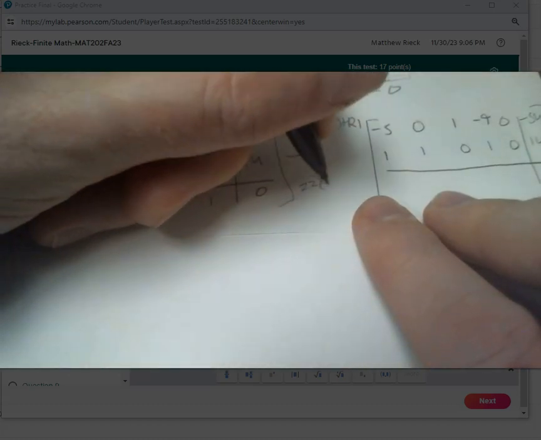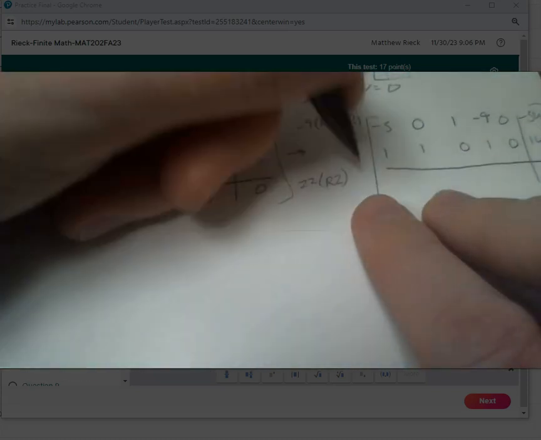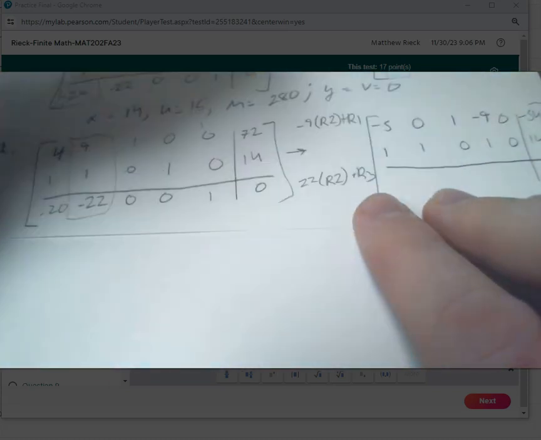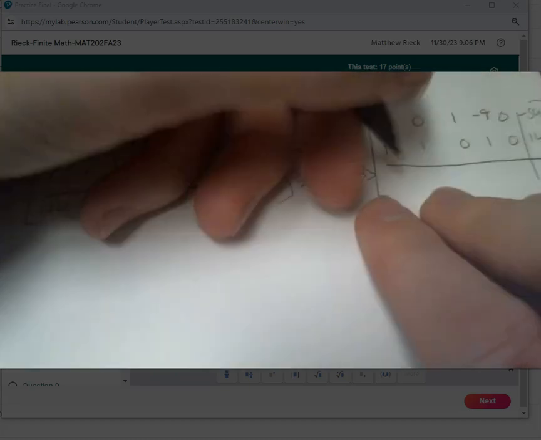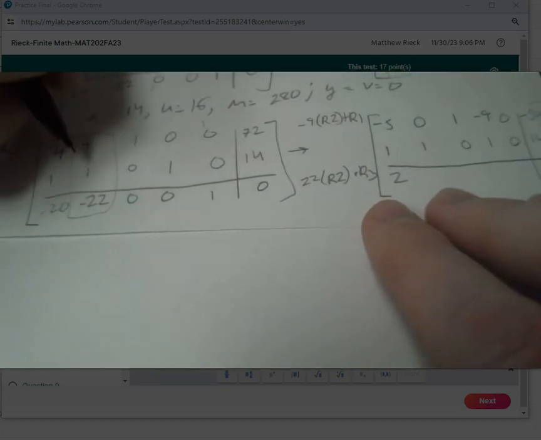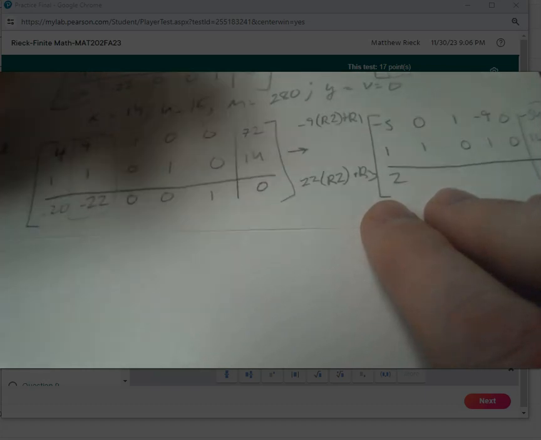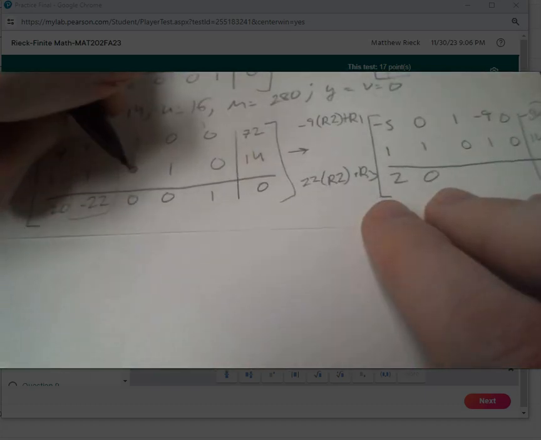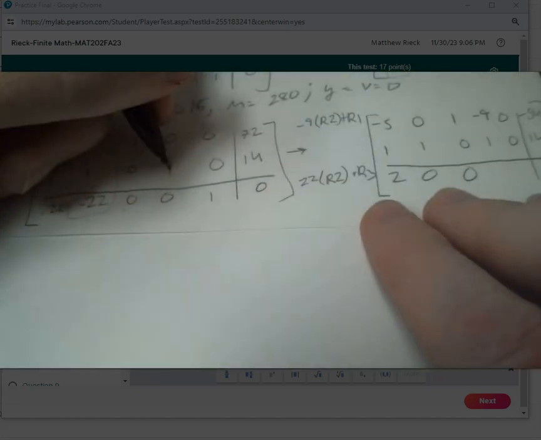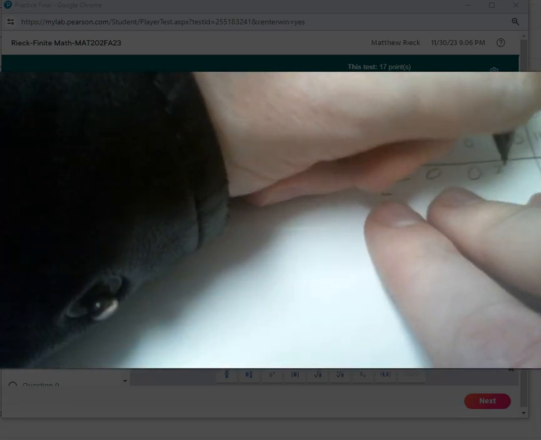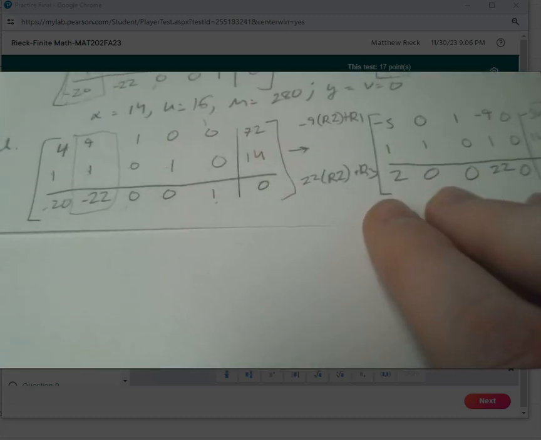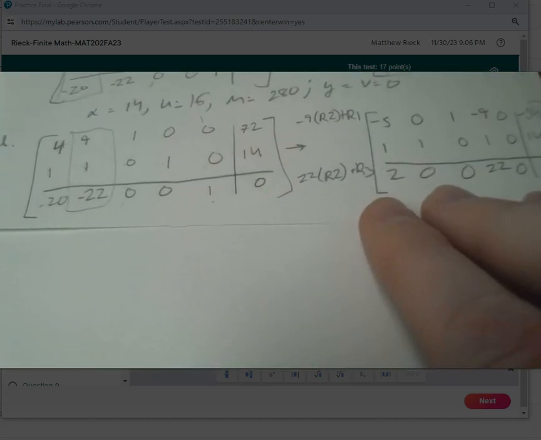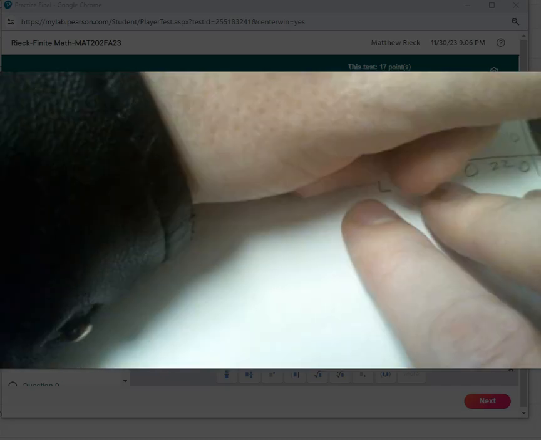So we're going to take 22 times row 2 and add it to row 3. So 22 times 1 is 22, plus -20 is 2. 22 times 1 is 22, plus -22 is 0. 0 plus 0 is 0. 22 times 1 is 22, plus 0 is 22. We have 0. And then 14 times 22 is going to be 308.